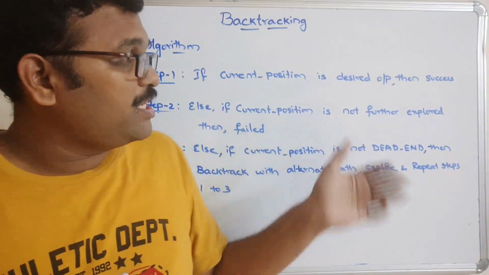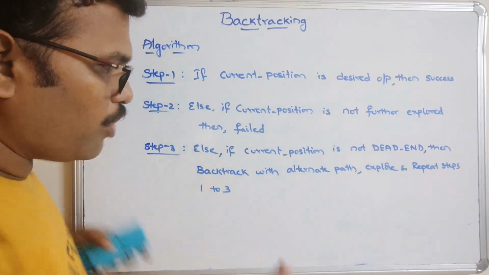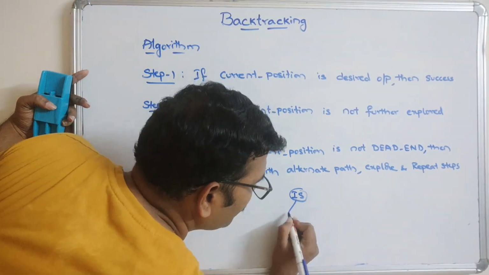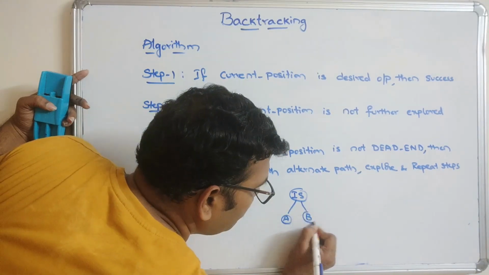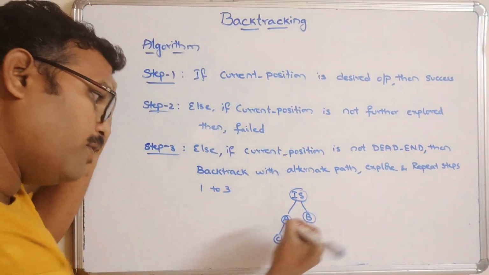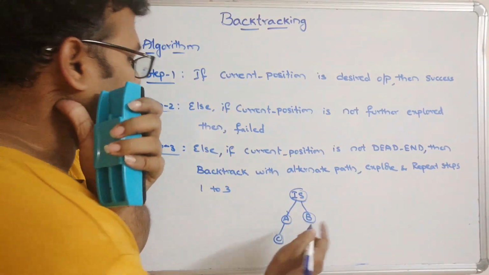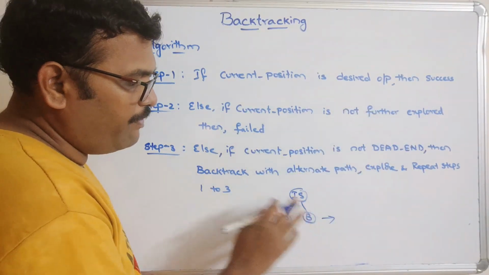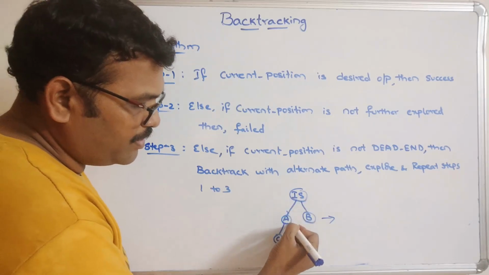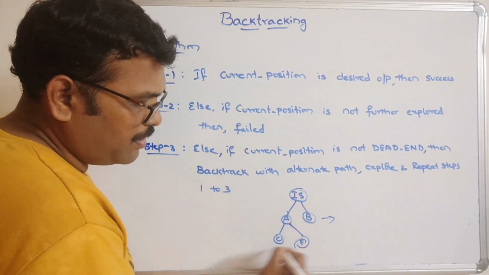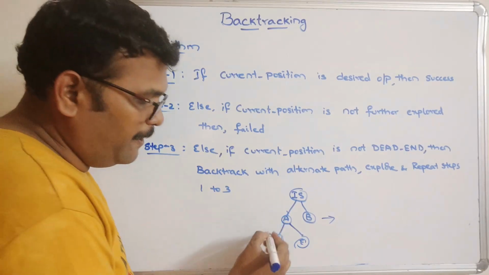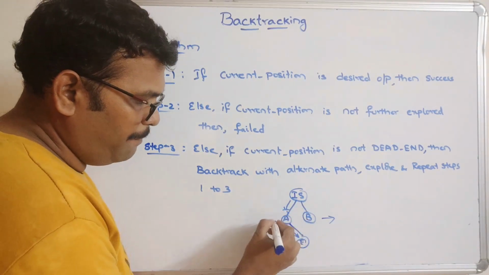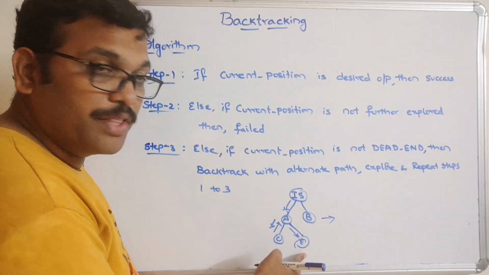And if the current position is not further explored, right? So we are talking about the state space tree, right? So initial state, for example, it is A, B, C. Now, if it is a dead end, so we can say it is failed. If it is not a dead end and it is again C, it is further explored, then we can backtrack and we can choose another path.